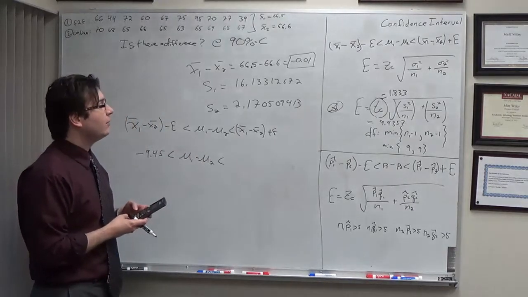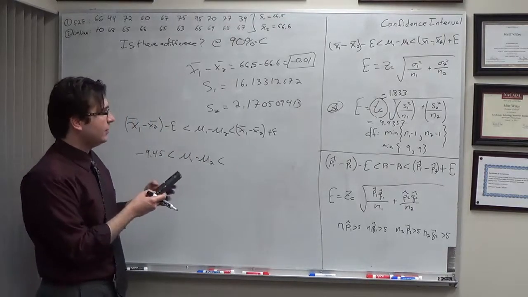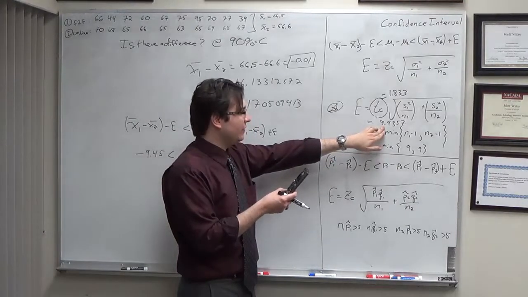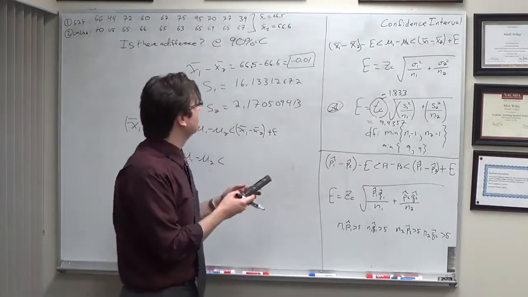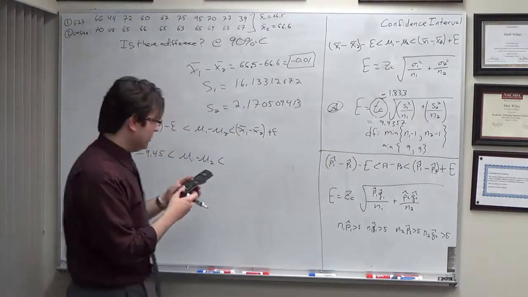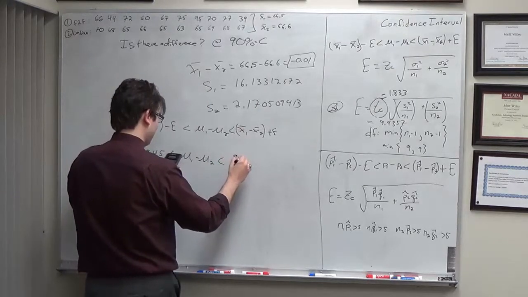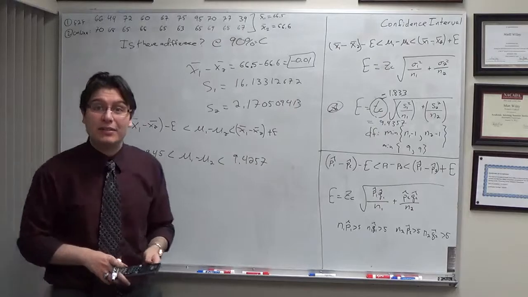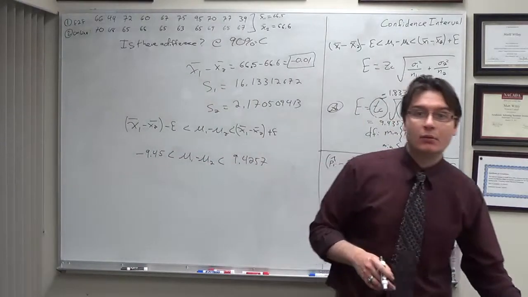Again, negative 0.01 plus 9.4. So let me type in to my calculator, 9.4357 plus, adding that to negative 0.01, 9.4257. Notice this one is positive. What does that mean?